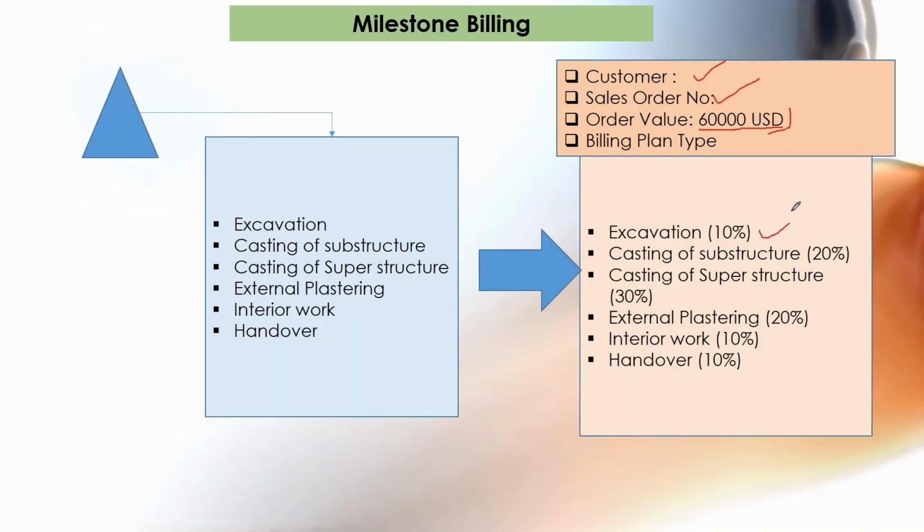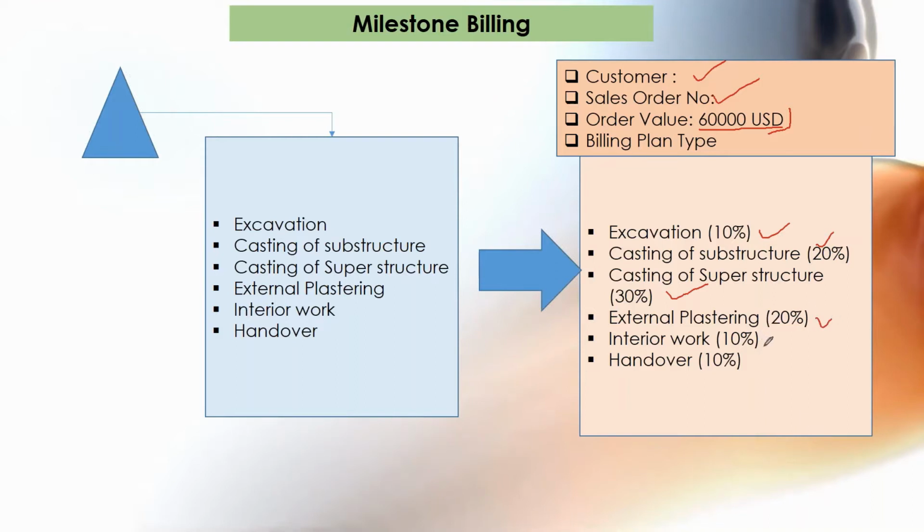Then when they go for the casting of the substructure, 20% of the total amount you need to pay. And when the builder is casting the superstructure, then you need to pay 30%. When external plastering is done, once this particular activity is finished, then you need to pay 20%.